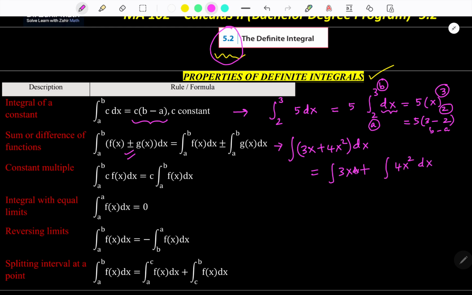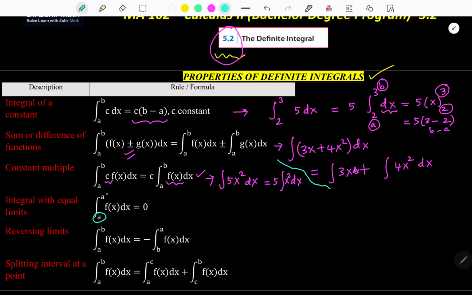In this way, you can use this property. And this one is when your function is inside and there is a constant, you can take it outside. For example, integral of 5x square: you can take 5 out and then integrate x square dx, right? So in this way, you can do all these things.